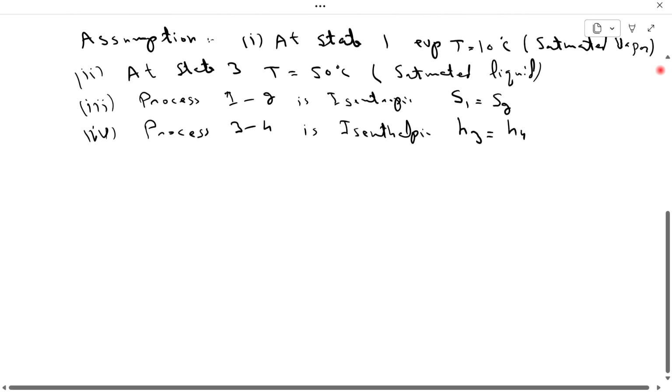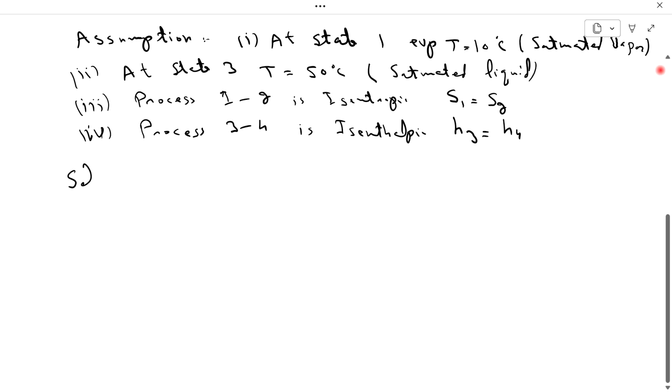Now we start the solution of the problem. In the first part we need the refrigeration effect, which is equal to H1 minus H4. First we find H1 and H4. We know that point 1 is the saturated vapor point from assumption number 1.